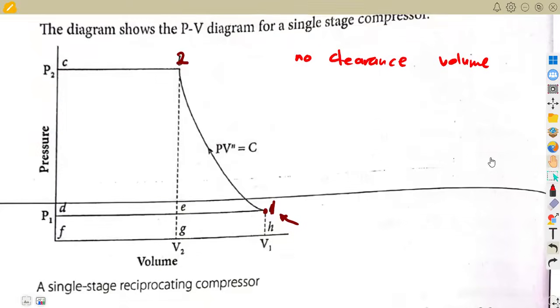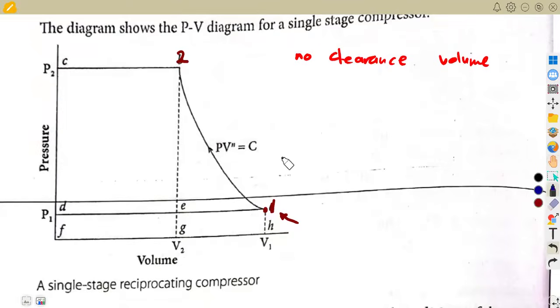So what happens is that on a single stage reciprocating compressor, this volume that we are referring to as V1, the whole of it up to this point, that is the cylinder volume, the swept volume, our stroke volume. When there is no clearance, V1 is equal to Vs.